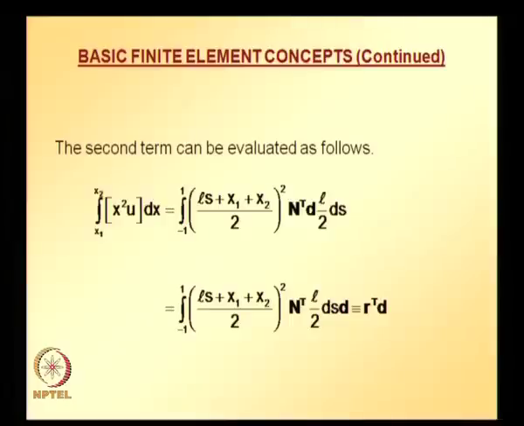And again here d is pulled out of the integral because it is no longer a function of s, d is nothing but nodal parameters or nodal values. So, it has nothing to do with the integral, you can pull it out of the integral, and R transpose is defined as whatever is there in the integral.